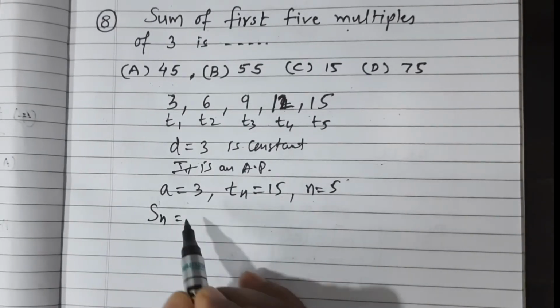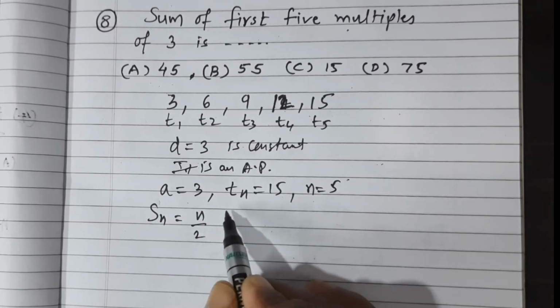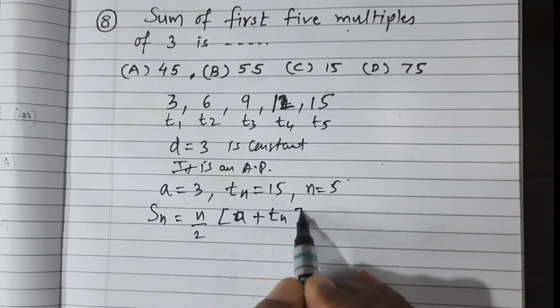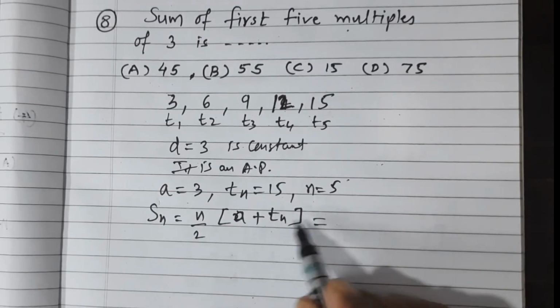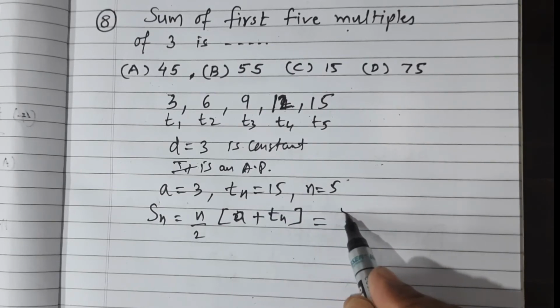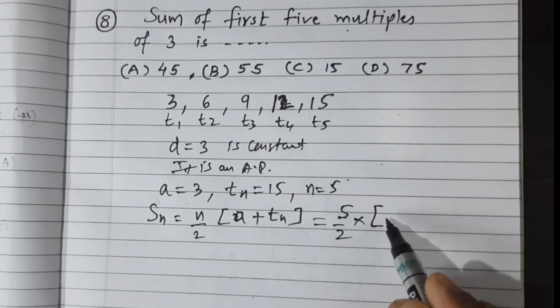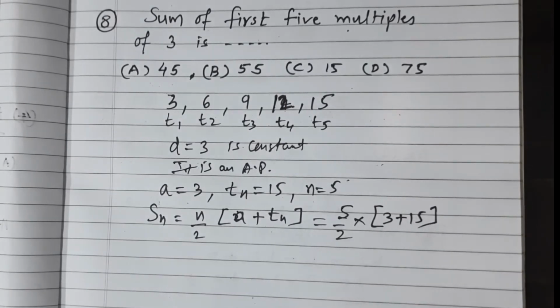So Sn, the sum of n terms of an AP, that is 5 terms, is n upon 2 bracket A plus the last term Tn. We will substitute the values: S5 is equal to 5 upon 2 into bracket, first term is 3 plus the last term is 15.